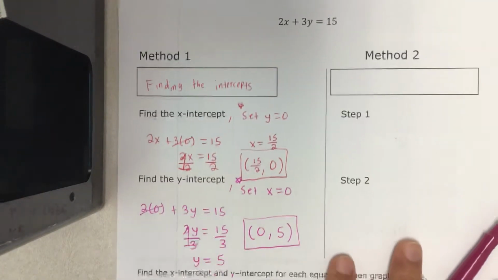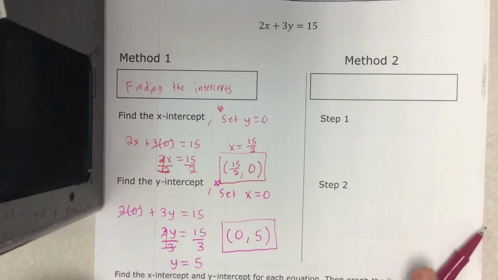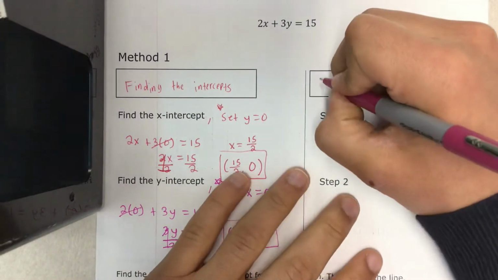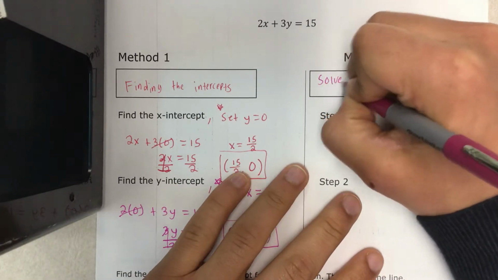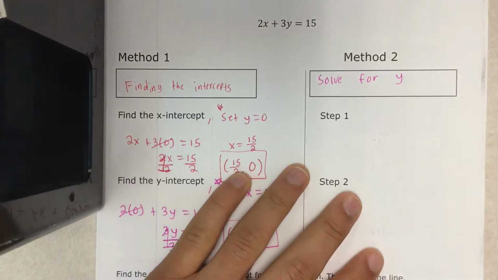Now, that's one way to use standard form equations. The second way, method 2, is to solve for slope-intercept form, okay? So what we're going to do here is solve for y, okay?